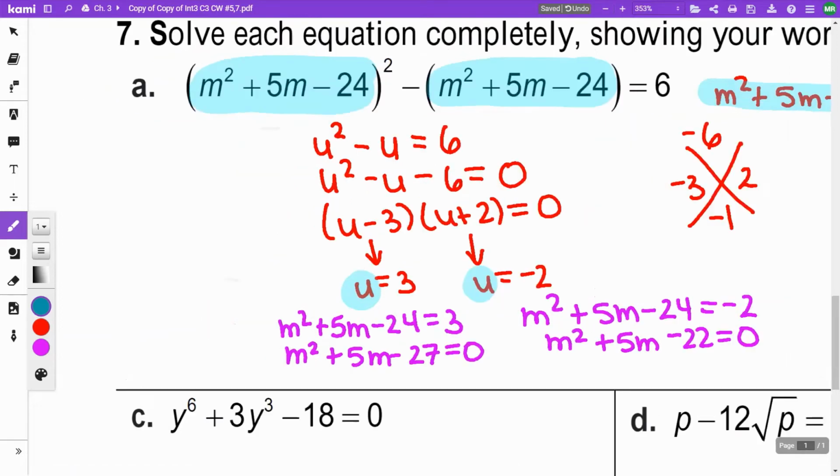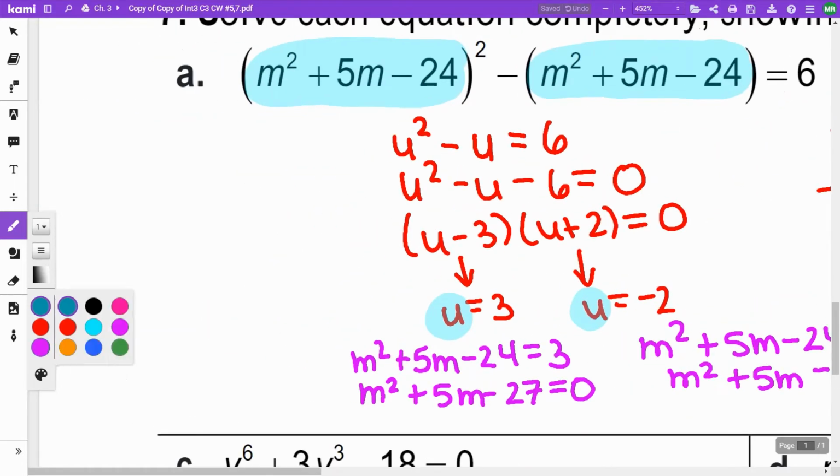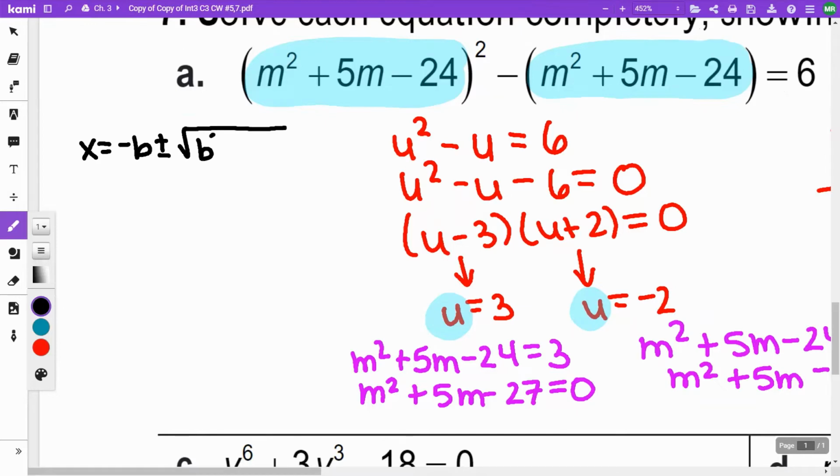Okay, I'm going to move this over for a sec. And here, x is equal to negative b plus or minus the square root of b squared minus 4ac all over 2a.